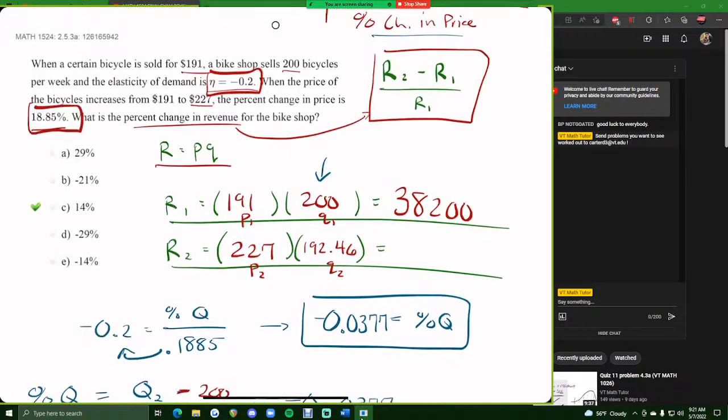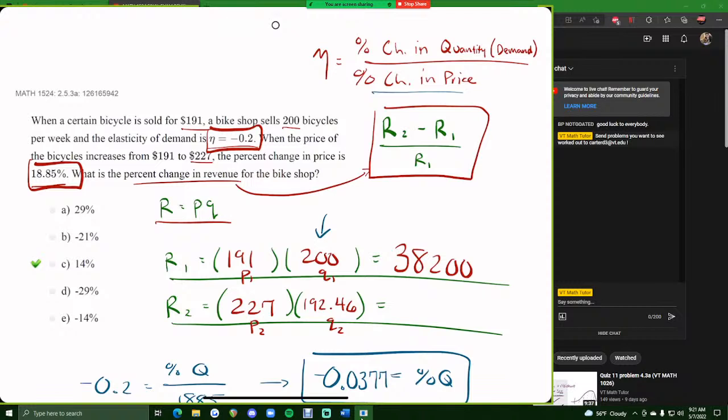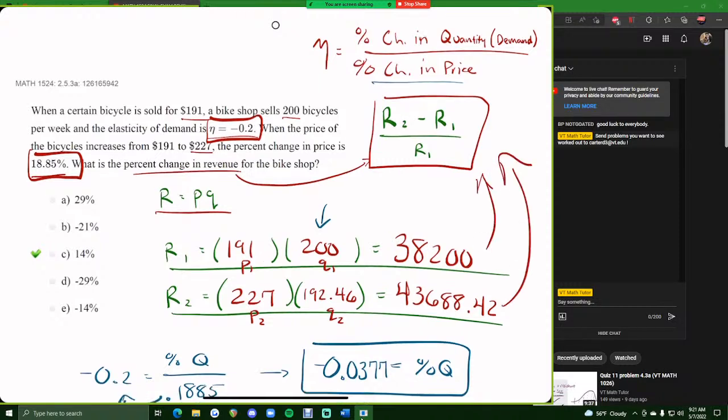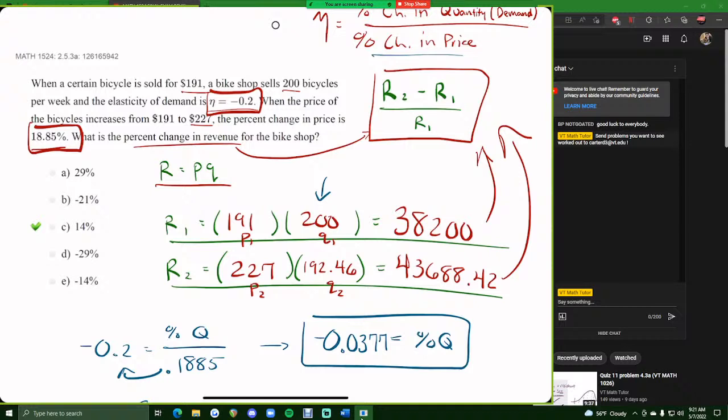So that is what we plug in up here for our second quantity. Now we have what we need to calculate that second revenue, right? So we'll just multiply 192.46 times 227. That gives us 43,688.42. We have R1, we have R2. We plug these in here. So R2 minus R1, I'm just doing this in my phone real quick, gives us 5,488.42.